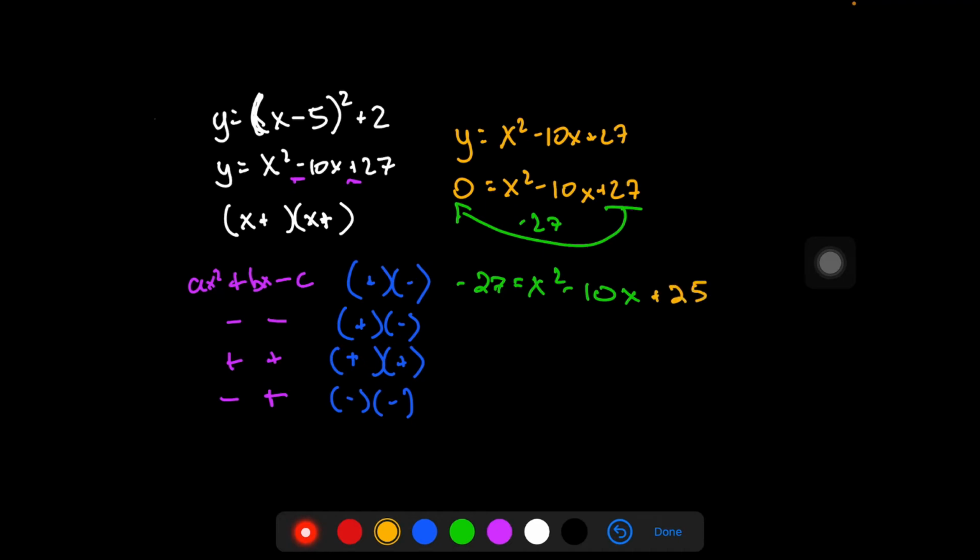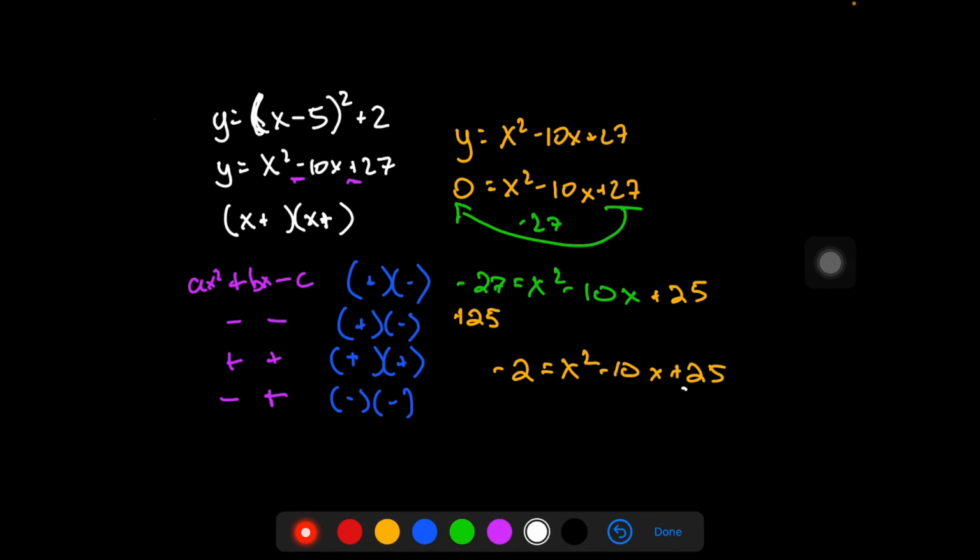Add 25 to that side, and add 25 to the other side. What you do to one side, you have to do to the other. And so if we add 25 to both sides, we get negative 2 equals x squared minus 10x plus 25.